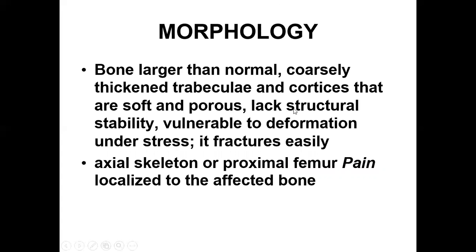These bones lack structural stability. They are vulnerable to deformation under stress and fracture very easily. Most cases involve the axial skeleton or proximal femur. Pain is localized to the affected bone.